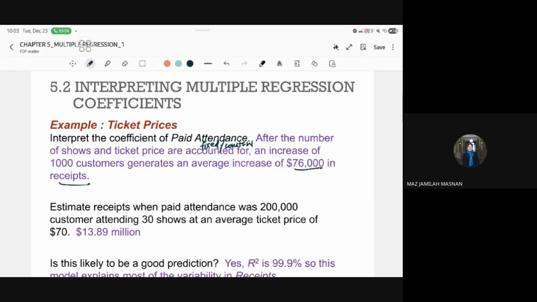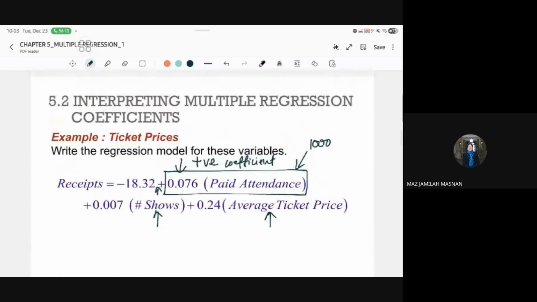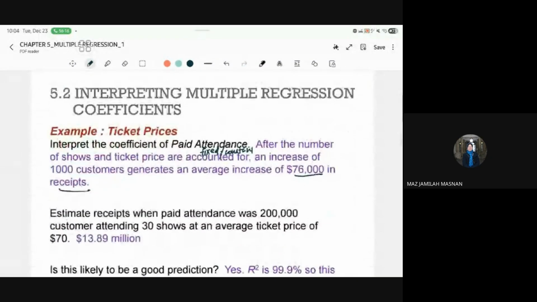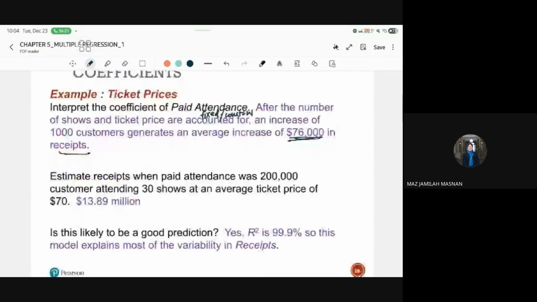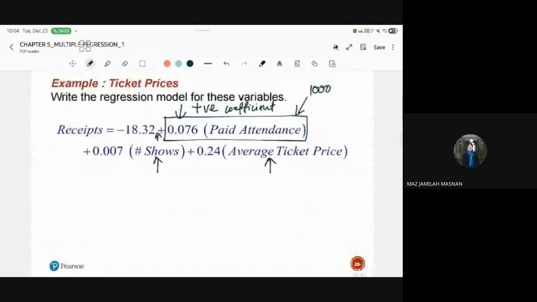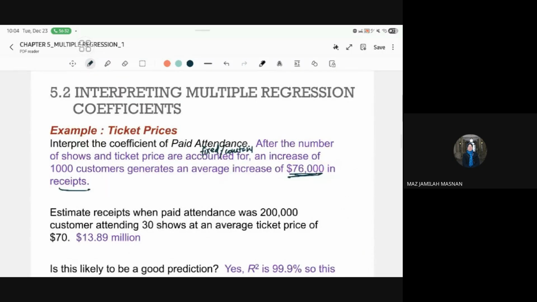Imagine 76,000 for 1,000 tickets. In terms of the average increase in the receipt, you will get 76,000 for 1,000 paid attendance here.